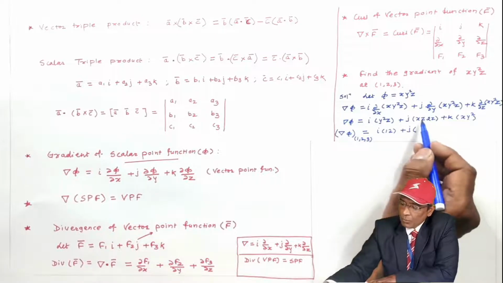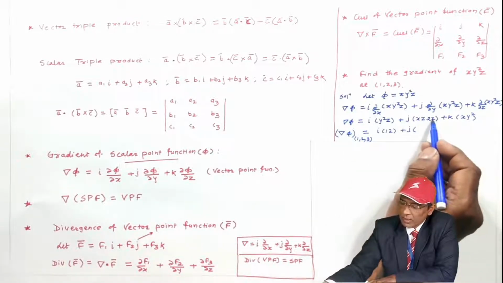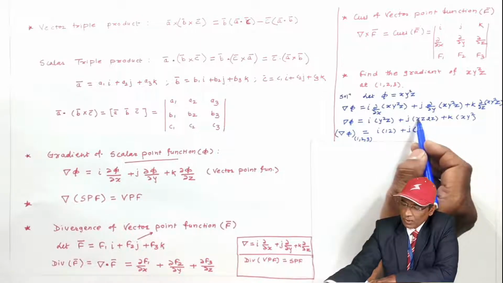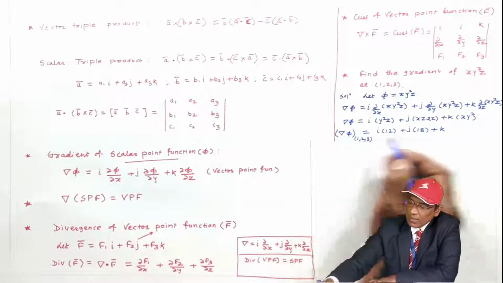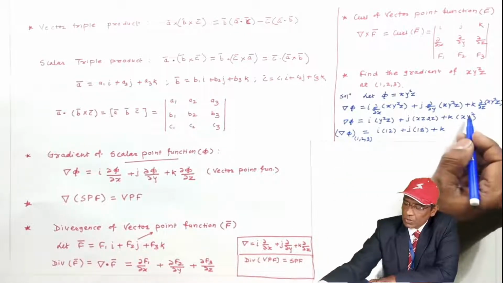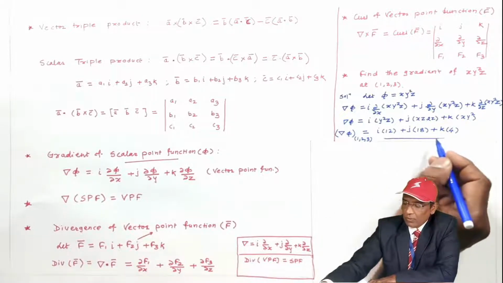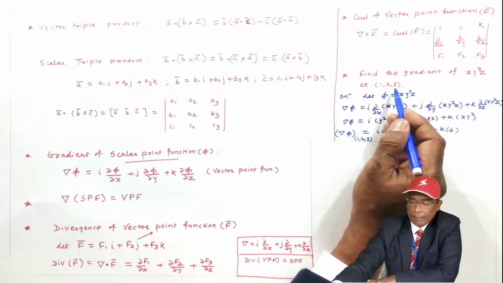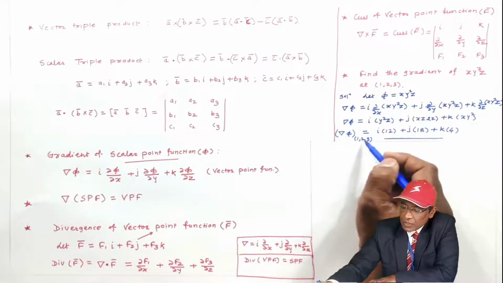Here put x equal to 1, z equal to 3: 3 into 2 is 6, 6 into 3 is 18, 18 into 1 is 18. Here put x equal to 1 and y equal to 2: 2 square is 4, 4 into 1 is 4. So this is gradient of x y square z at the point 1, 2, 3. This is gradient in general. This is gradient particularly at this point.